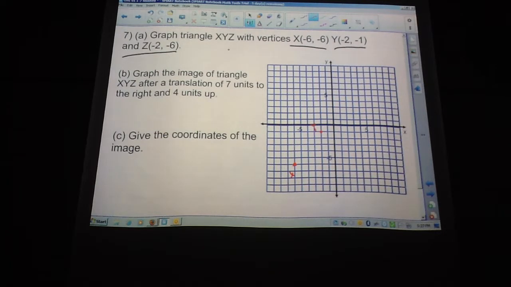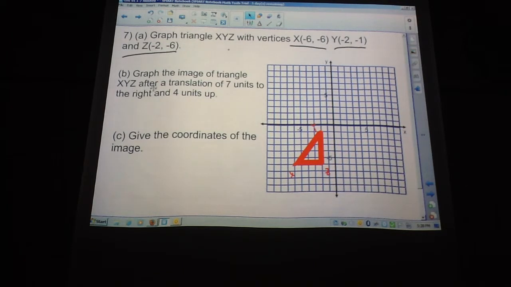Then I'm going to graph z at negative 2, negative 6. So there's my triangle, and I could draw the lines in here to connect it if I wanted to. So that's my pre-image.